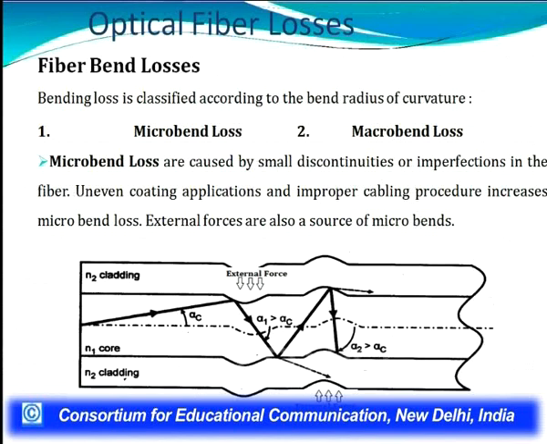External forces are also a source of micro bends. Here we see in the diagram the external force and the optical fiber. The core part of the optical fiber is bent here. This is a micro bend. External force is applied to the fiber, and then there is a loss in the signal.